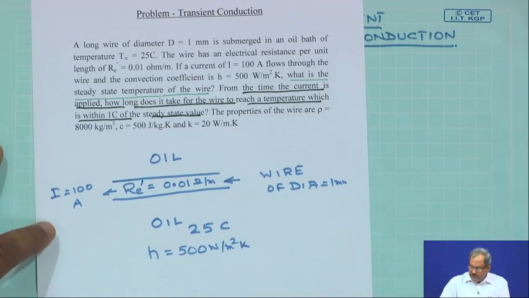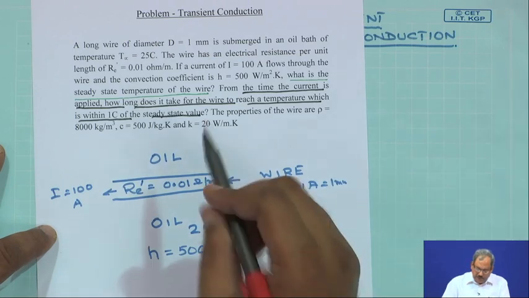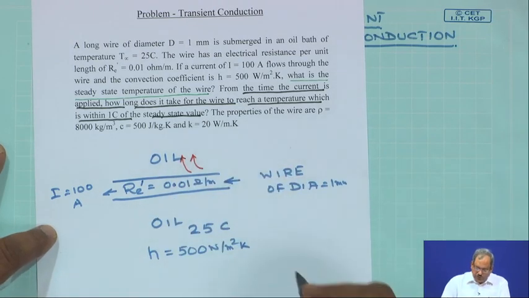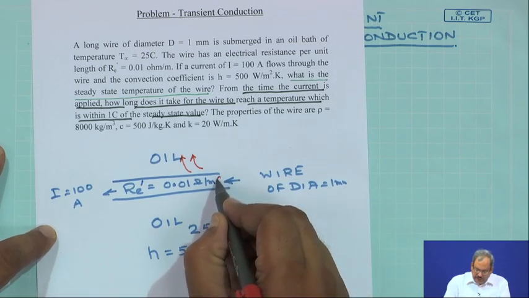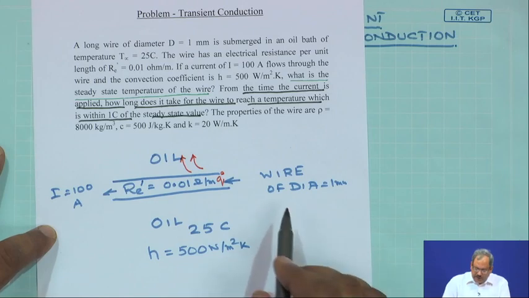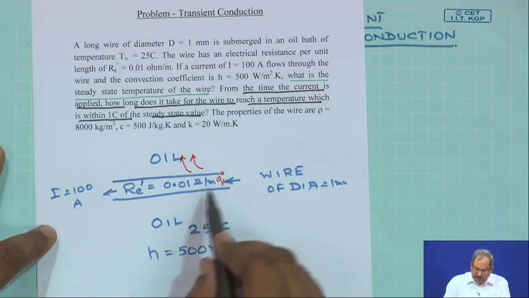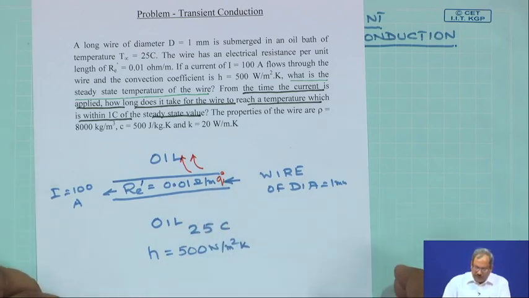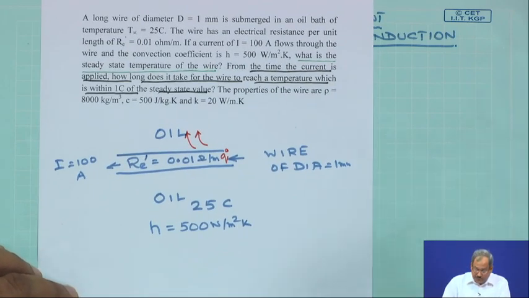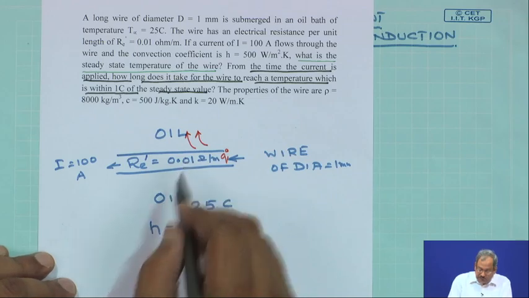But essentially the problem is that of heat transfer by convection to the oil, heat generation because of the flow of current in it, and since it is a transient process, it would also denote that some amount of heat is going to be stored in it.